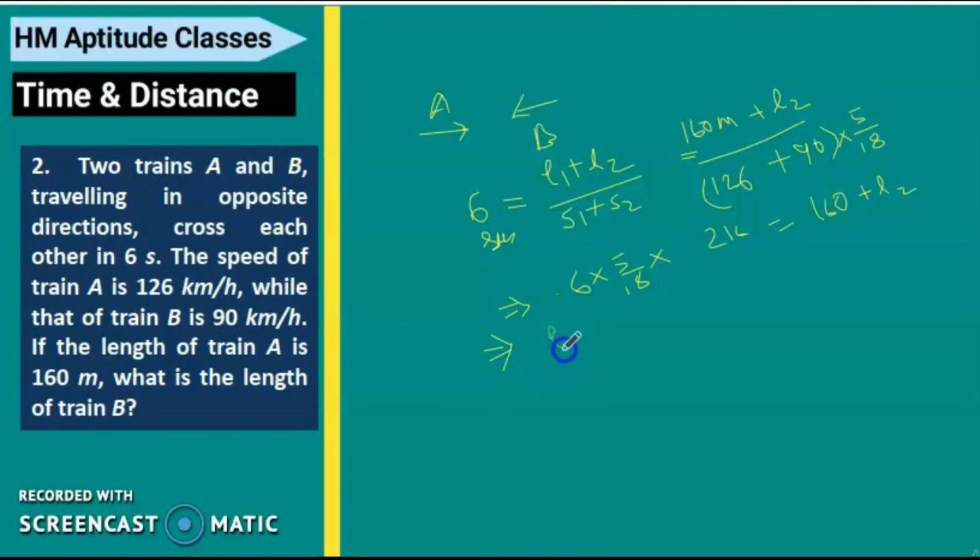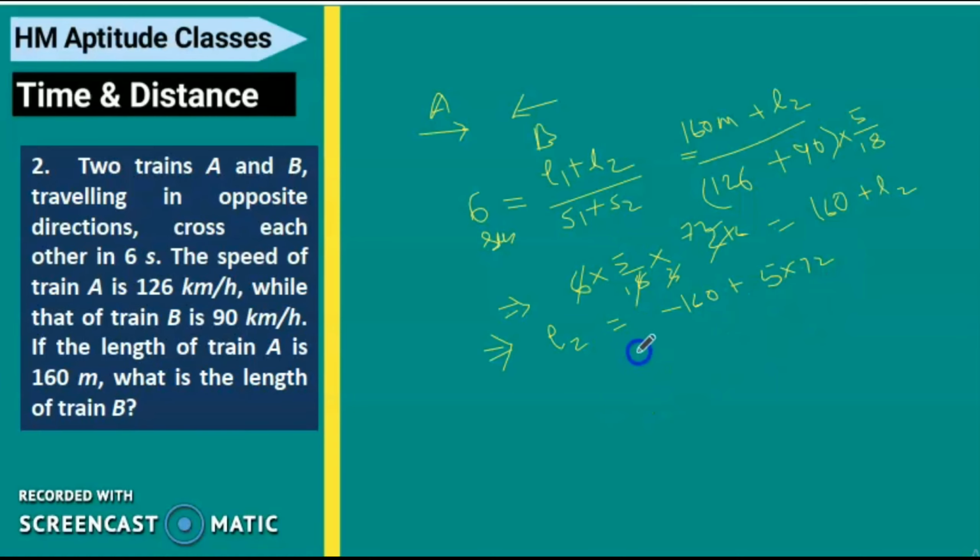So now we can get the value of L2. If we take 160 to the right side, then minus 160 plus, and on the left hand side if we cancel 6 in 18, we will get 3 in the denominator, and then divide 216 by 3, we will get 72.